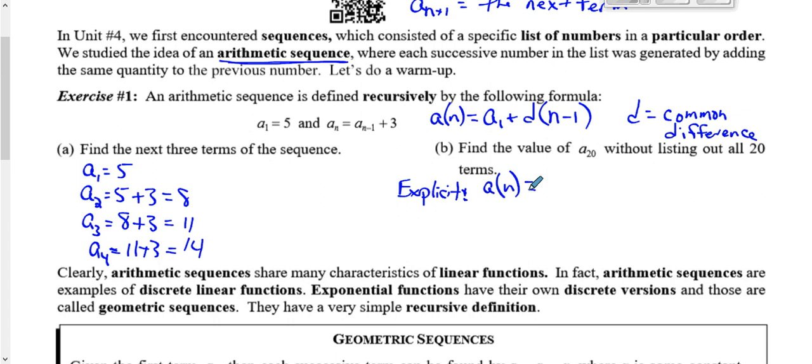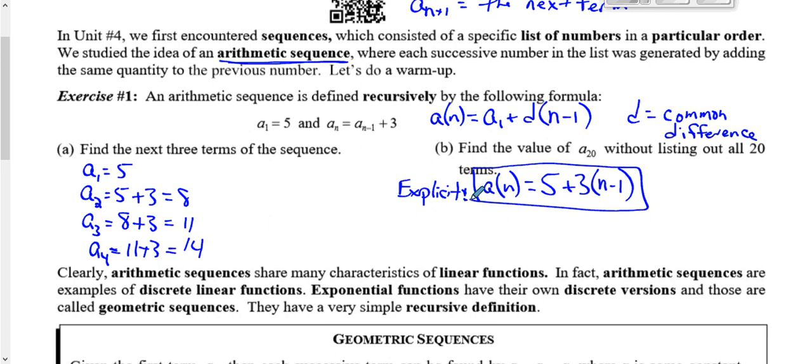It equals 5. 5 plus, what's the d, the common difference, guys? 3 times n minus 1. So there's our explicit formula that'll do the same thing as this one, right?